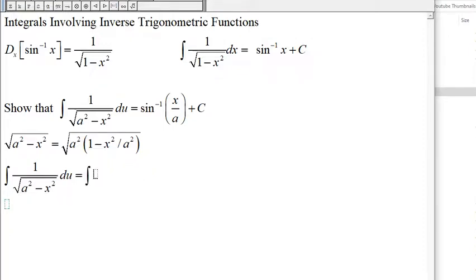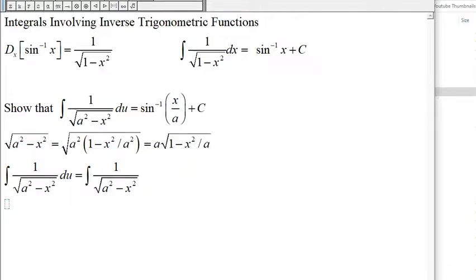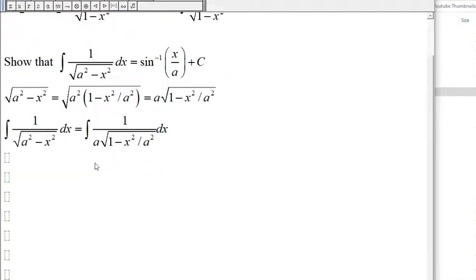And so this integral becomes this. And then the square root of a squared is just a. Then we'll use the substitution method to find this indefinite integral.